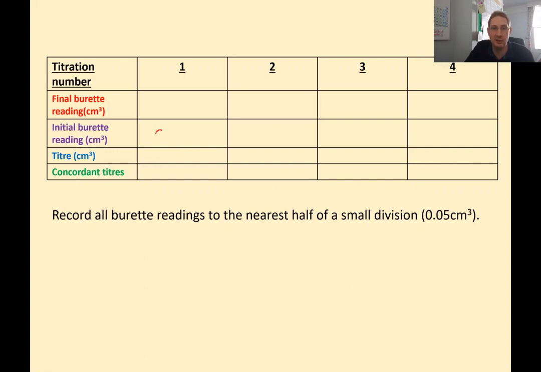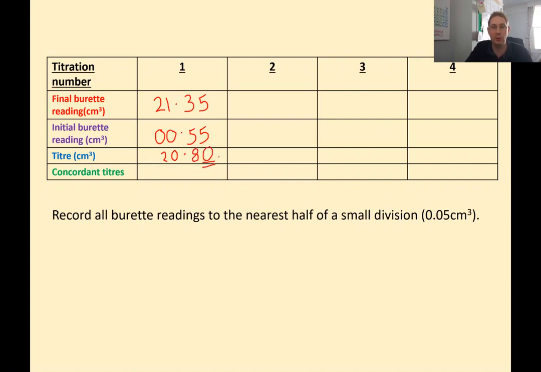But let's say you started off at 0.55 and your final burette reading was 21.35, okay, recording that end number. And you want to know what the difference is, well, subtracting the two of those, you obviously get 20.80.